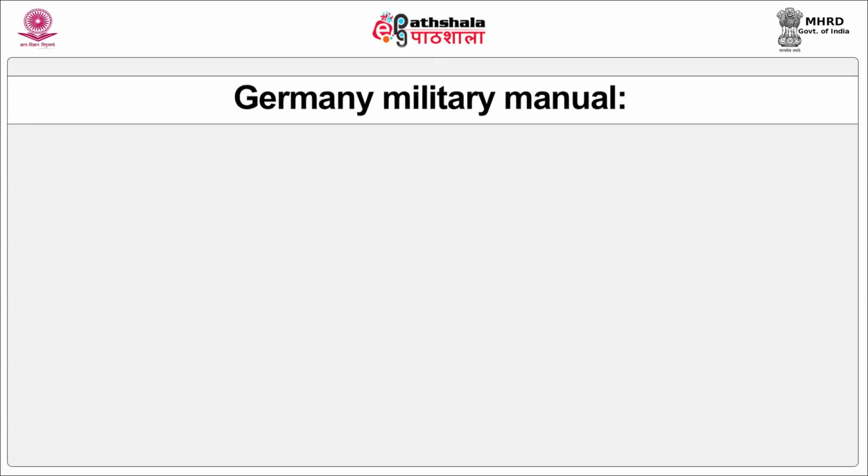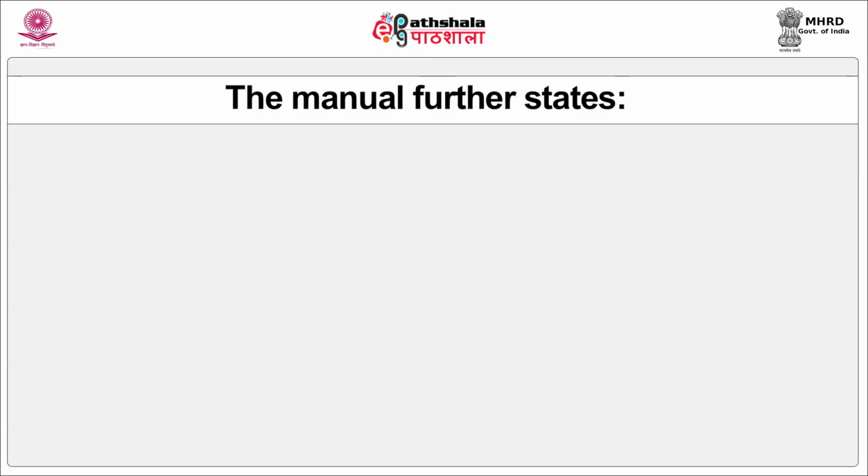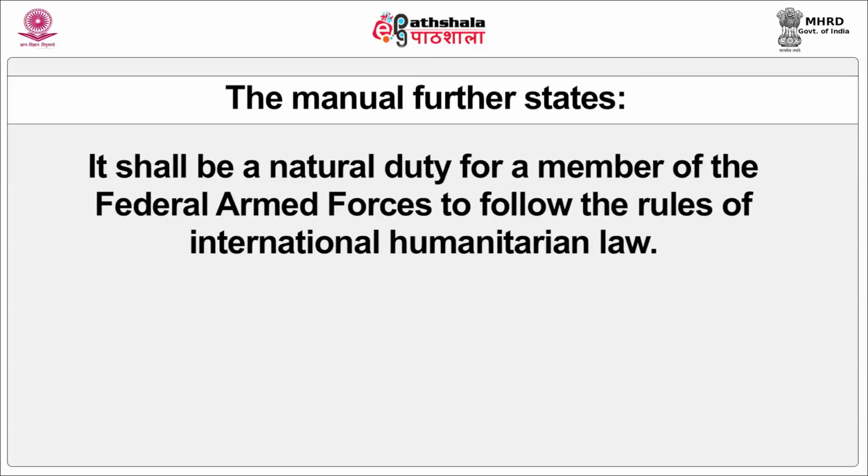Germany Military Manual. Germany's Military Manual 1992 provides, I quote, "The members of the Federal Armed Forces are obliged to comply and ensure compliance with all treaties of international humanitarian law binding upon the Federal Republic of Germany." The manual further states, "It shall be a natural duty for a member of the Federal Armed Forces to follow the rules of international humanitarian law.